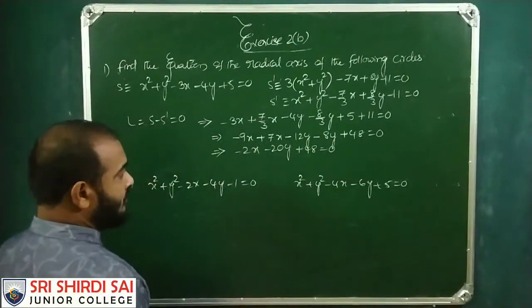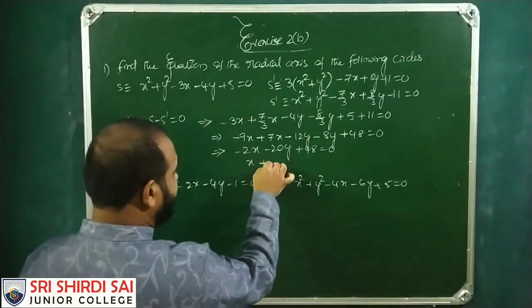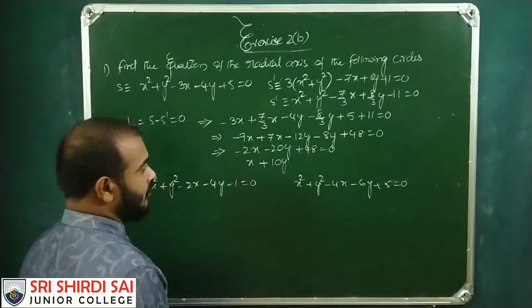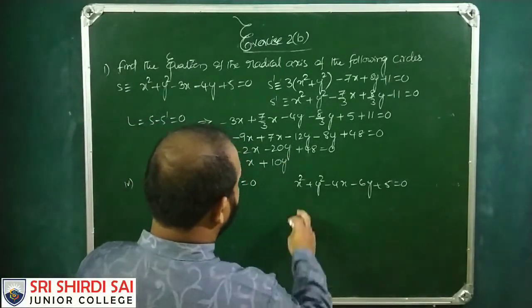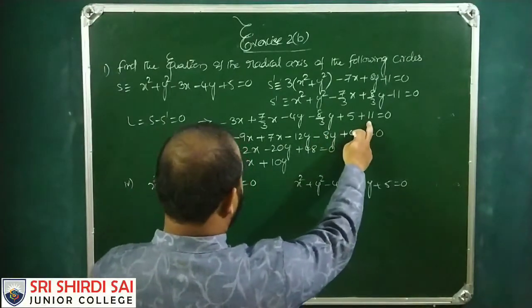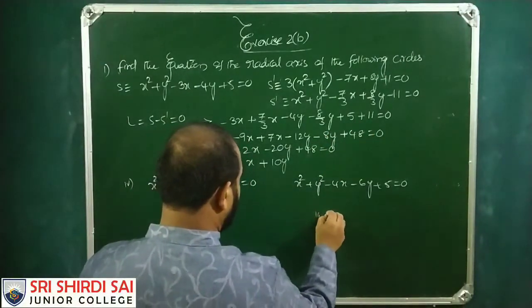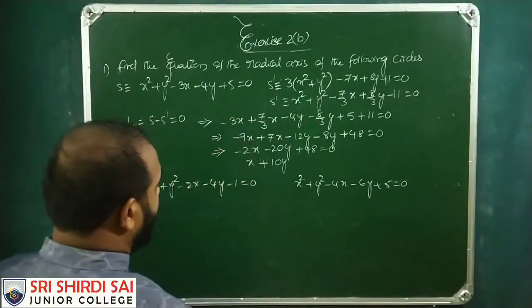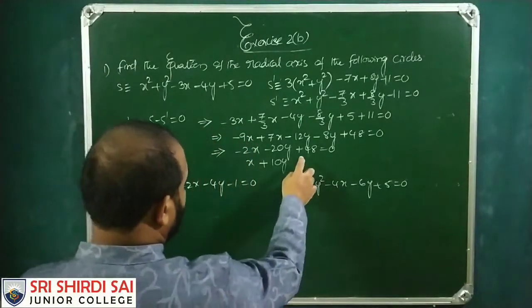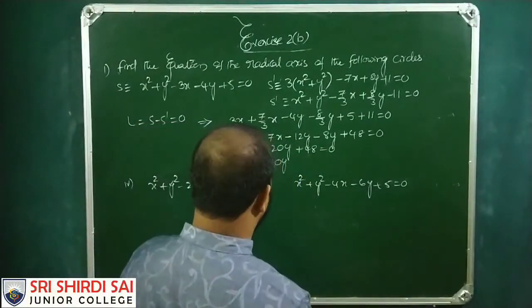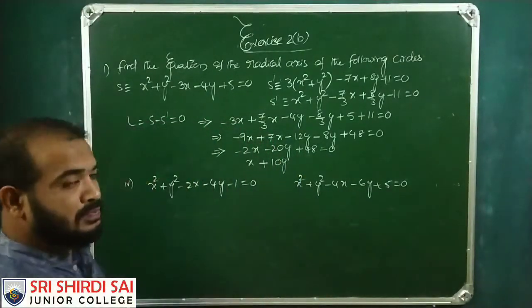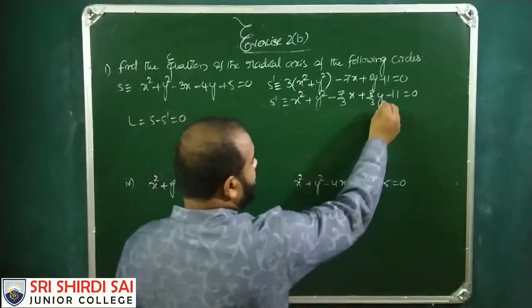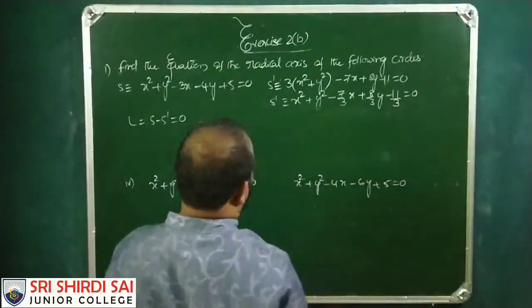Take minus 2 as common, then this is x plus 10y minus 24 equals 0.